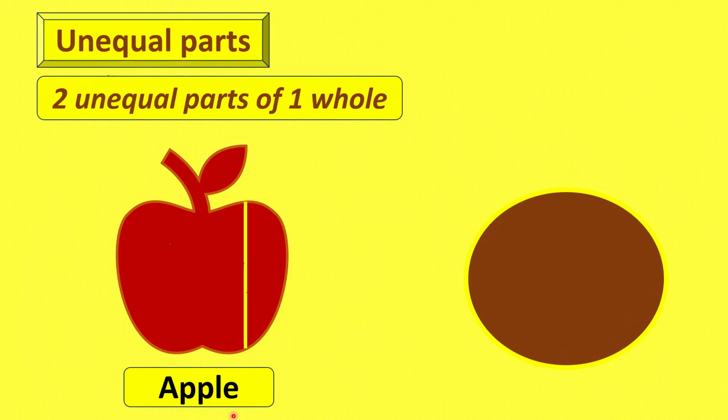Look here, it's a circle, and again we cut the circle not from the mid. So we get two parts, okay? Like a first part and a second part, and the same thing happened as with the apple, bacha. The first part is more than the second one. So that's why it looks like an unequal part of a whole.